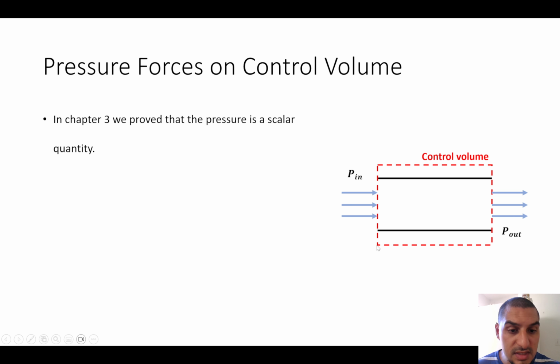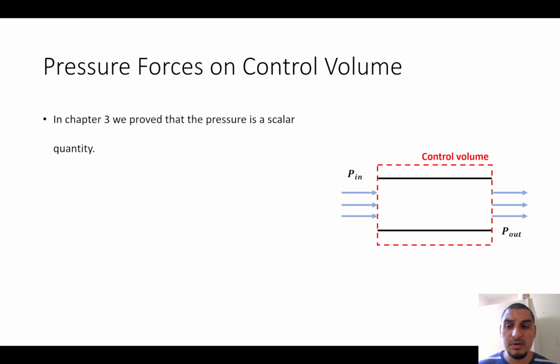Again, the control surface is this red dotted dashed rectangle. The parts of it exposed to the fluid are this inlet and this outlet. This black line, the walls of the pipe, is not part of the control surface, so we don't include any forces on these black lines.